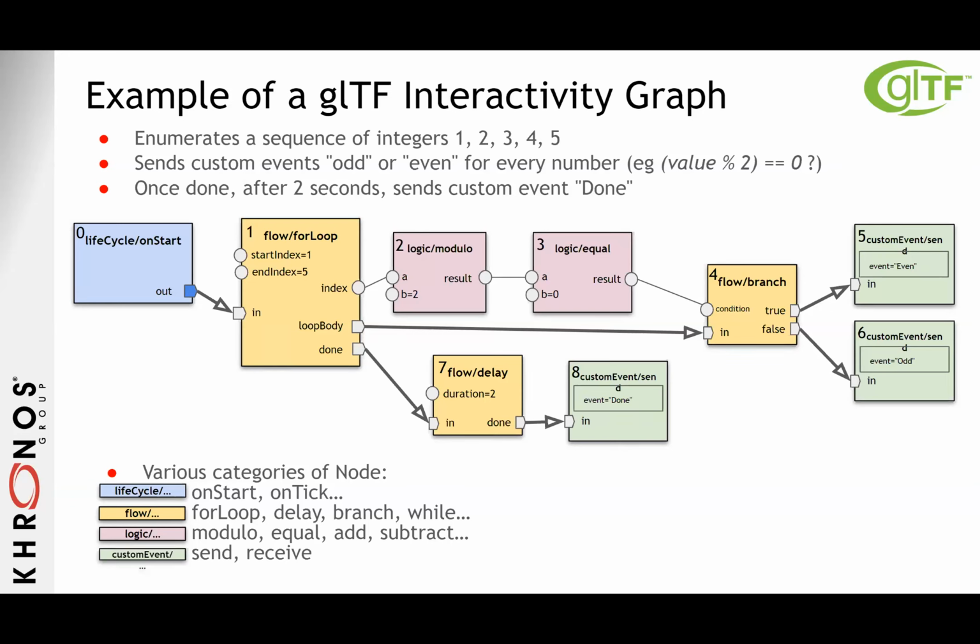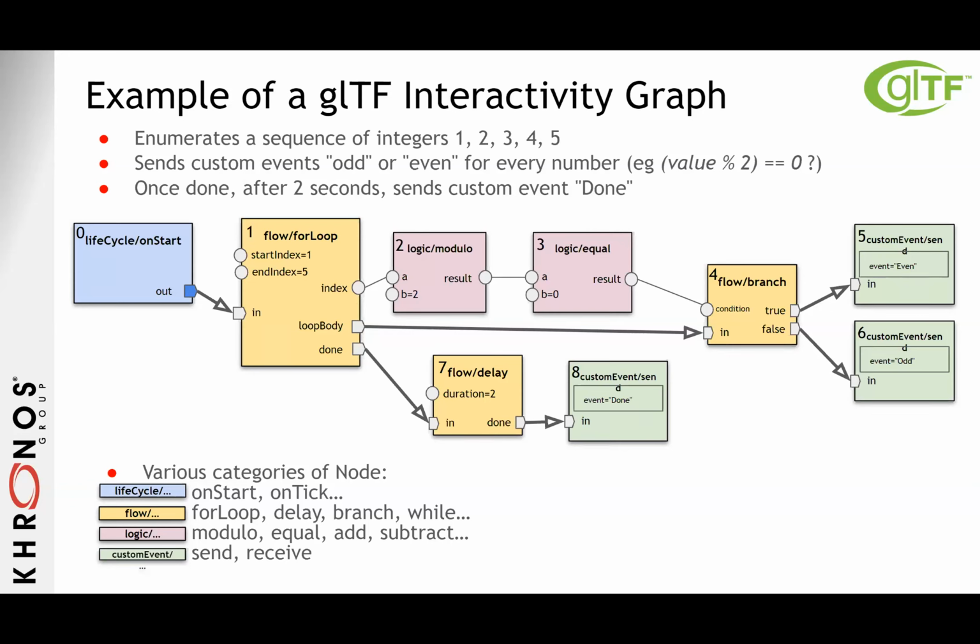I won't go into much detail, but when you look at the for loop, you see that in order to figure out if a number is odd or even, we just compute the modulo with 2. That's why you see this pink logic modulo node that is taking the current index of the for loop and doing the modulo of this index with 2, and depending on whether the result is 0 or not 0, we go through the branch.